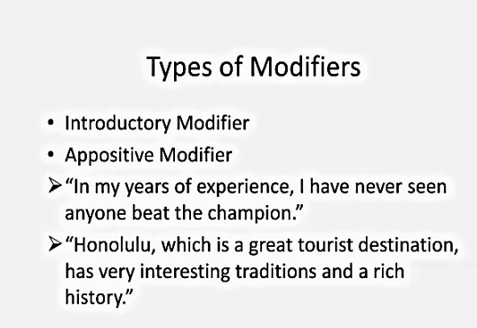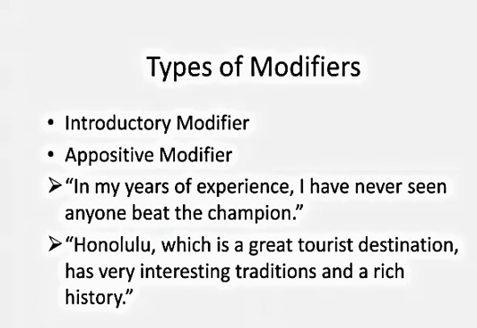It does not need this part. So this is obviously the modifier. Such a modifier is called an introductory modifier because it's at the very beginning. And the appositive modifier can be any place, so in between. So let's say Honolulu, which is something, has very interesting traditions and rich history, and that wasn't an audio recording mistake.